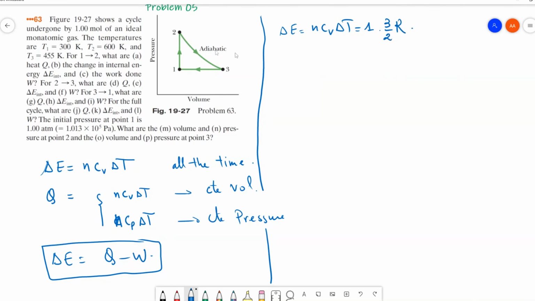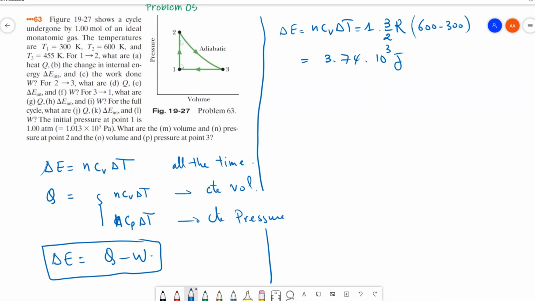Multiplied by delta T. Delta T is the final minus the initial. The final here is 2, which is 600, minus the initial 300. So it's 600 minus 300. And if I do this, it will give me 3.74 times 10 to the power 3 joule, or 3.74 kilojoule, delta E.